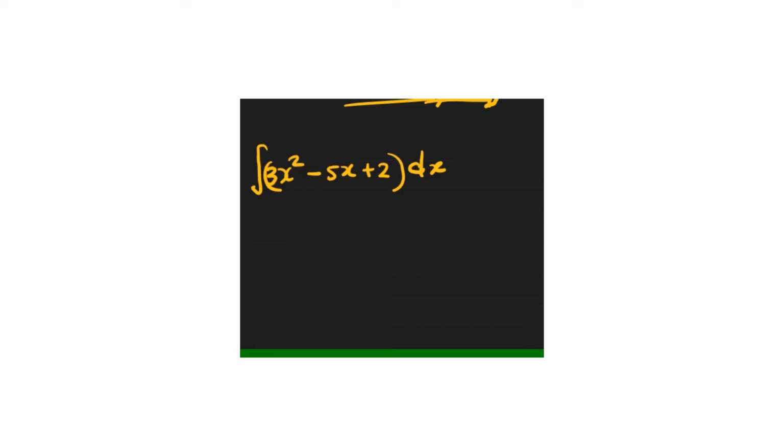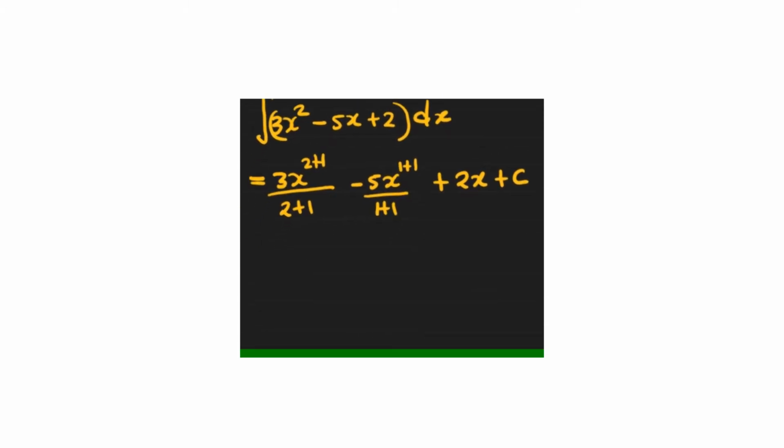Integrating this, we integrate term by term, which means it will be the integration of 3x to the power 2 plus 1 all over 2 plus 1, minus 5x to the power 1 plus 1 all over 1 plus 1, plus you integrate 2, which is a constant, so it gives us 2x plus c, which is a constant of integration.